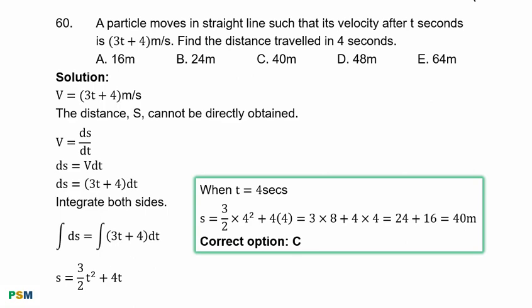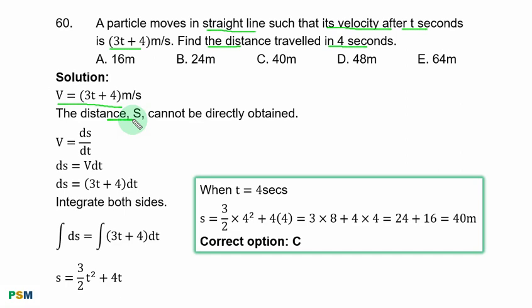Question 60. A particle moves in a straight line such that its velocity after t seconds is 3t plus 4 meters per second. Find the distance traveled in 4 seconds. Solution. You have the given velocity.